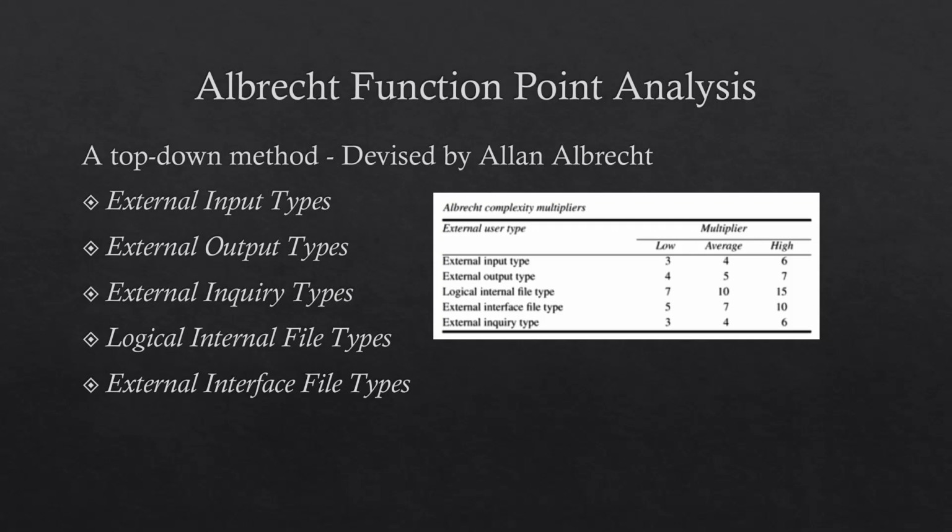It indicates the information processing size. So, each count is multiplied with the corresponding multiplier value and the total sum is obtained, and that sum can be considered as the overall function point count that indicates the information processing size.